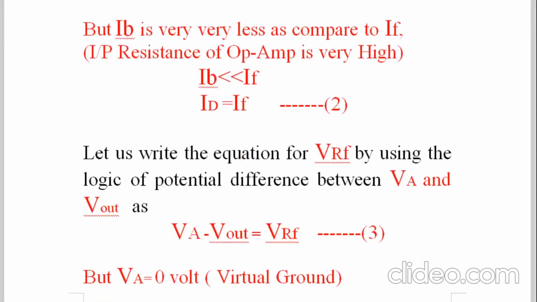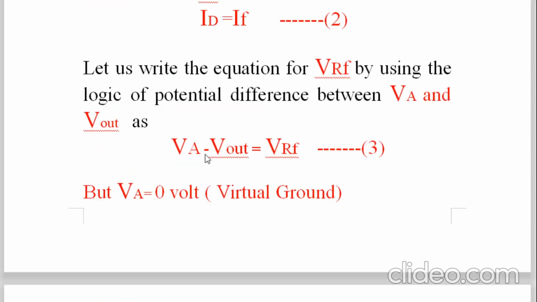And let us go to that now. So here VRF can be given by the potential difference logic. VRF is equal to VA minus Vout. But VA is equal to 0 volt, virtual ground. But remember here, VA minus Vout you have to write down, because the right hand side is your output voltage, and the left hand side is your virtual ground point.